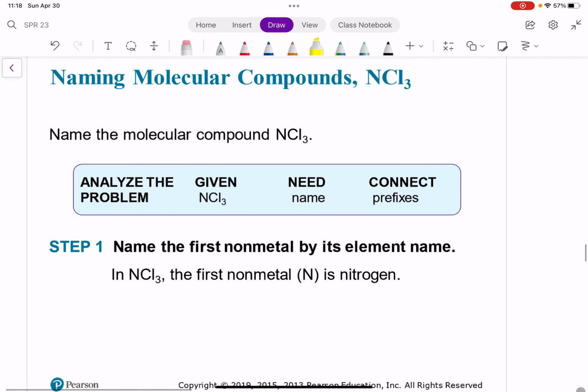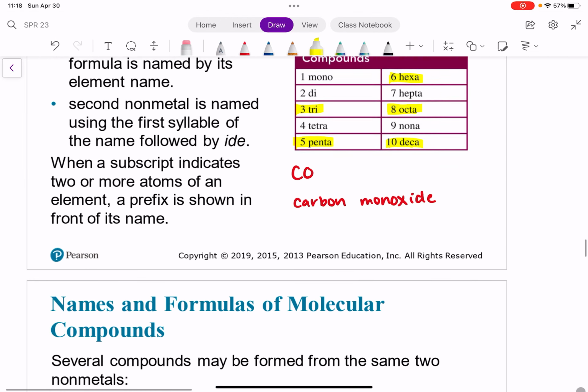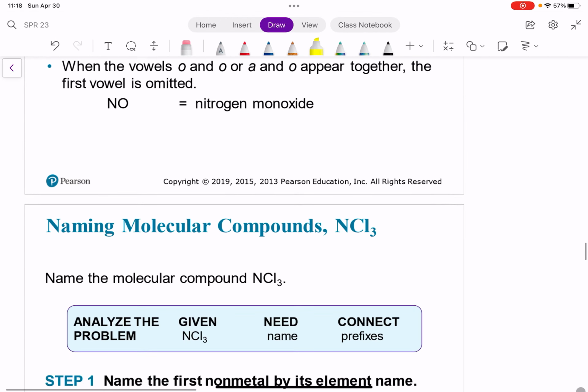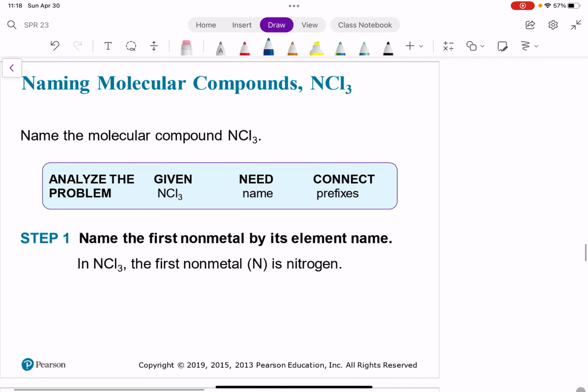Okay, so naming the molecular compound, NCl3. Go ahead and try this out on your own. How are we going to name this compound? You need to have those prefixes, so if you want to have your book open and look at the prefixes while you're trying to memorize them, that's okay. But try this out. What 2 atoms do we have here?